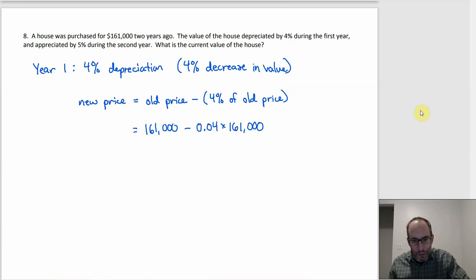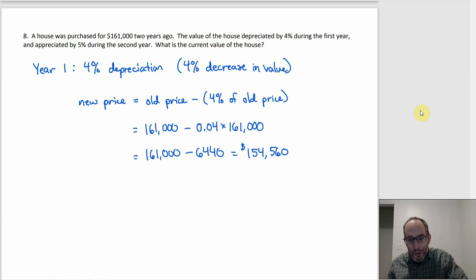So 0.04 times 161,000 is 6440. So this ends up being 161,000 minus 6440. And so then it's 154,560. All right. So that's where we end up at the end of year 1, right?